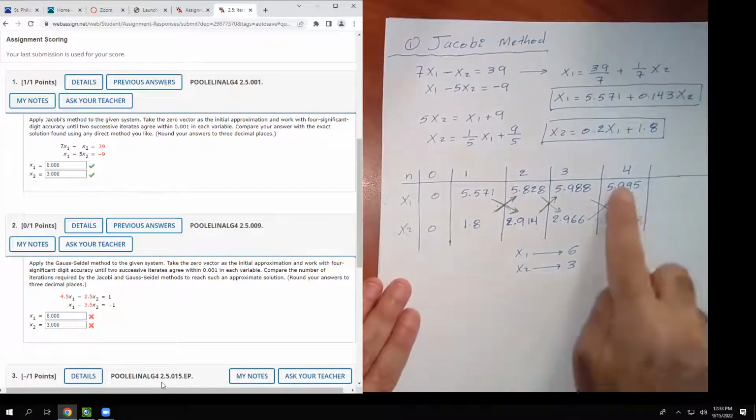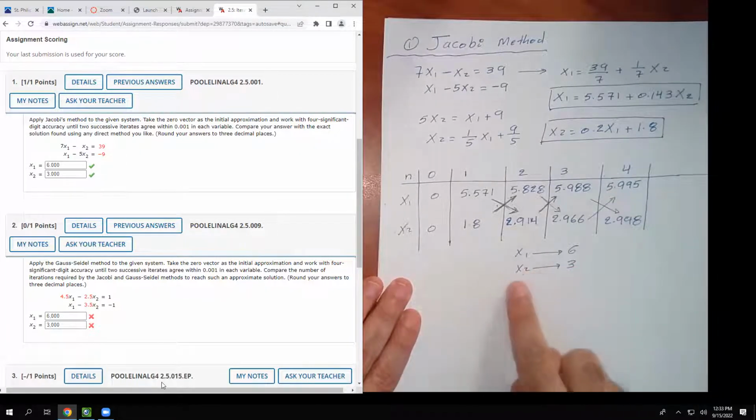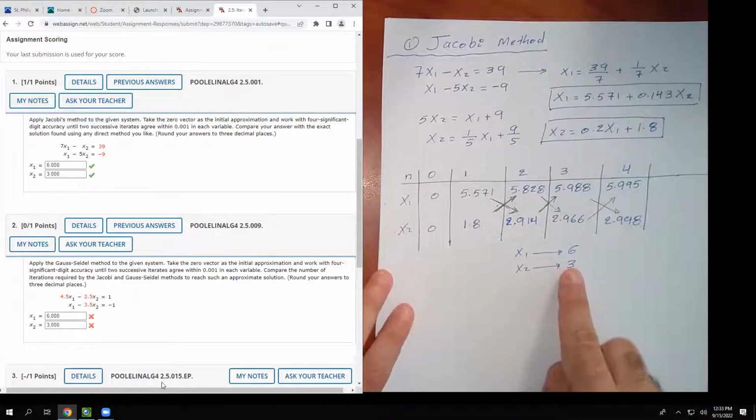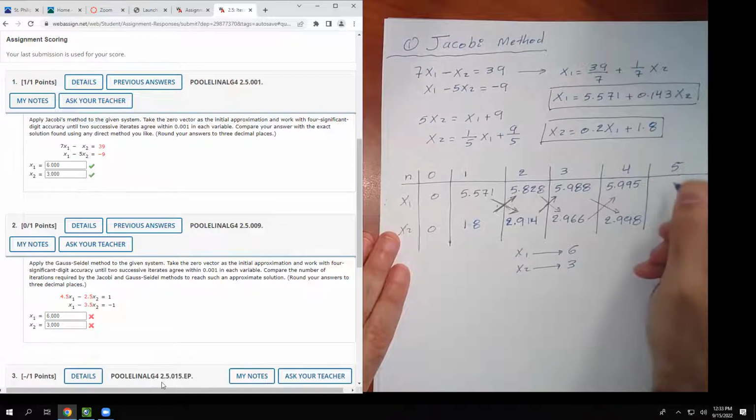Even if you do the 5, it's going to keep going: a number here less than 6, a number here less than 3.